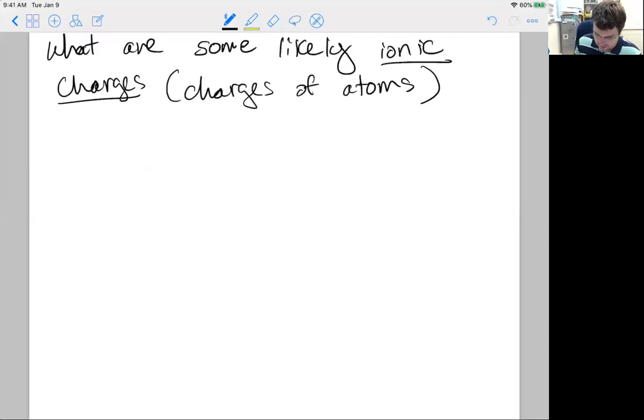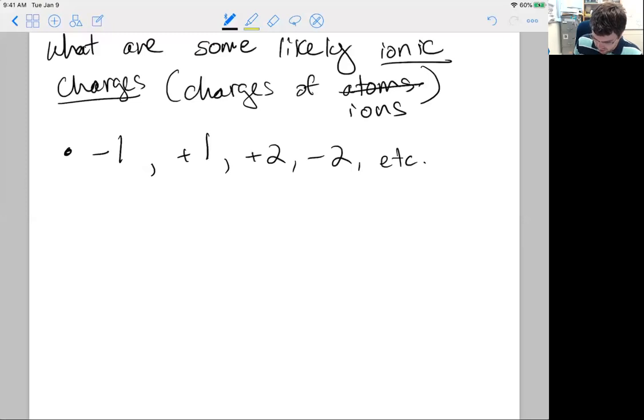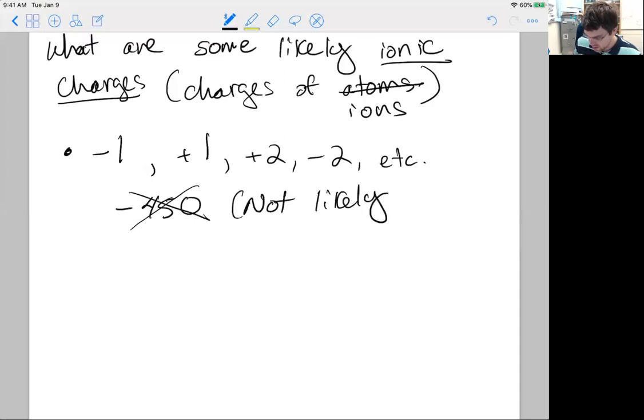So some charges of ions that we are likely to encounter would be -1, +1, +2, -2, etc. What about like -450? You know, that's not likely to be the case. Okay, and really even like upwards of -45.